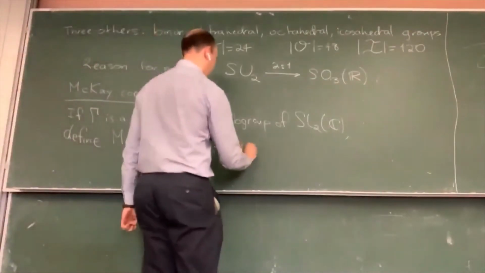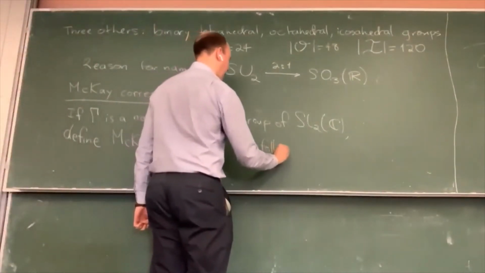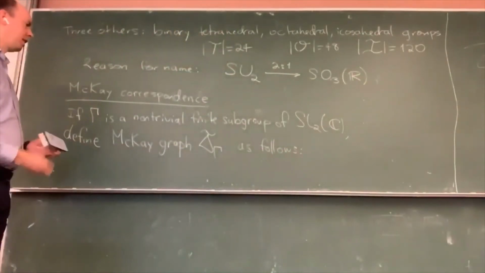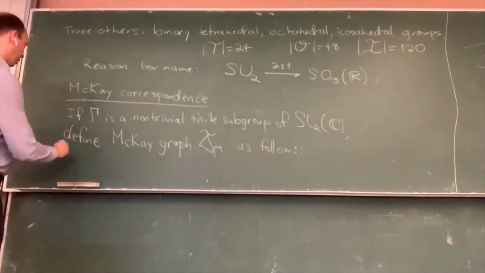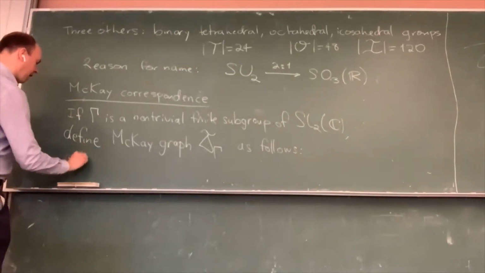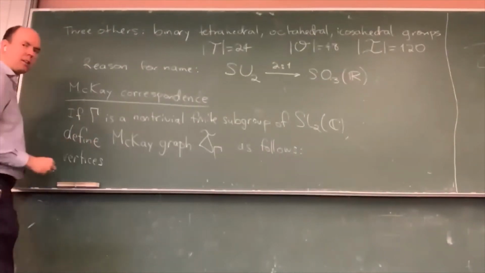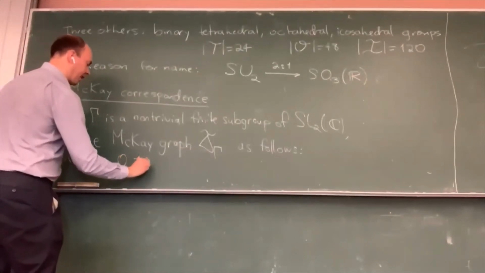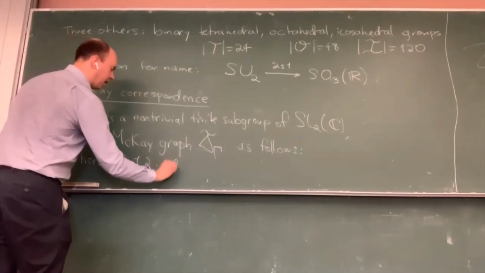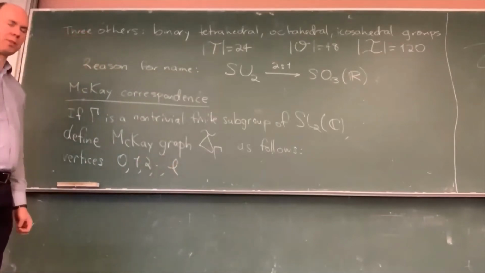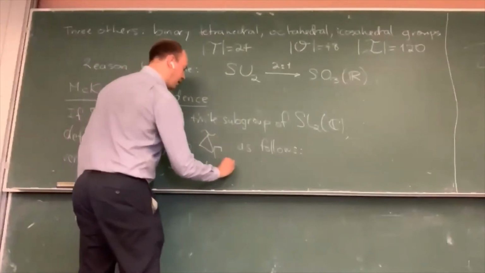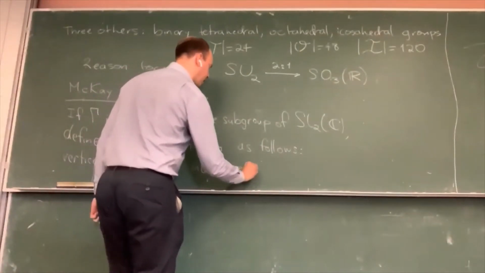As follows. So the vertices are numbers 0 up to L, and these are meant to index the irreducible representations of gamma.